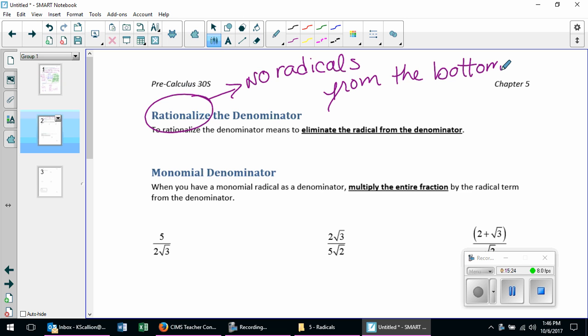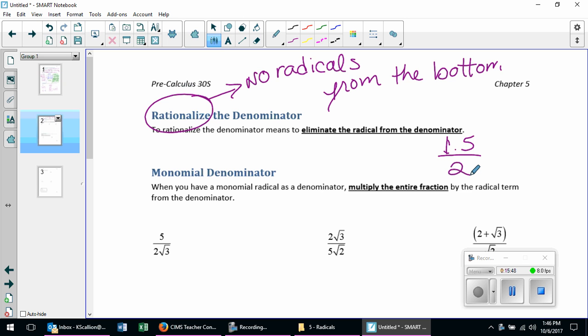Okay. So when I say rationalize the denominator, I need you to get rid of the radical on the bottom. No radicals. It's kind of like if you put 1.5 over 2, I lose my mind because that is not proper mathematical notation. There's never decimals inside a fraction.